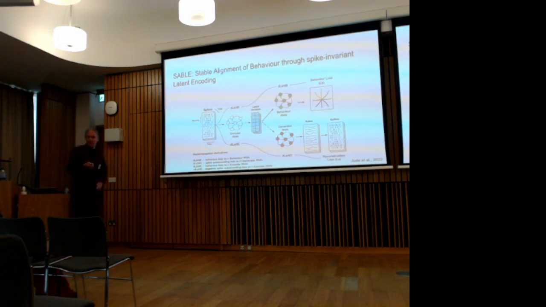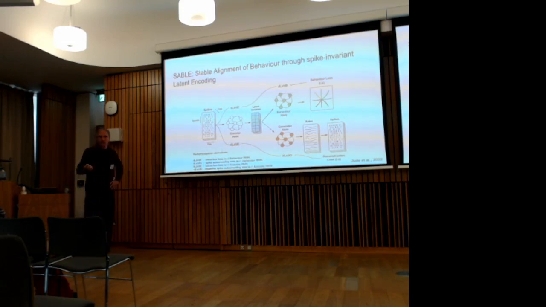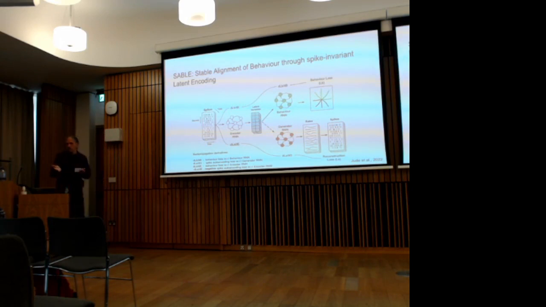What that means is it tells the model: ignore the spikes, just reconstruct behavior. But since it's given spikes, it cannot ignore those spikes completely, right? This branch forces it to say, I don't want to know anything about spikes, but this branch says, I need to reconstruct behavior, so I need to keep some information about the spikes. And it turns out that principle is sufficient to train a model on a number of days to correctly predict behavior in an unseen session.